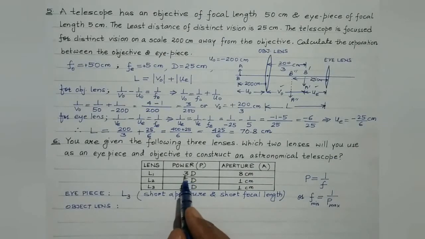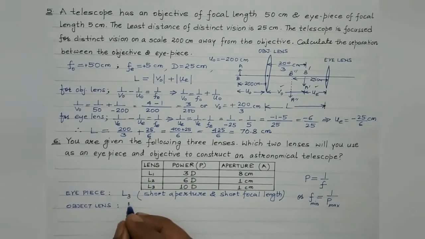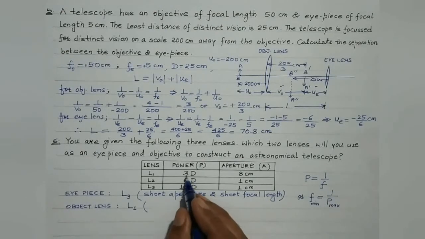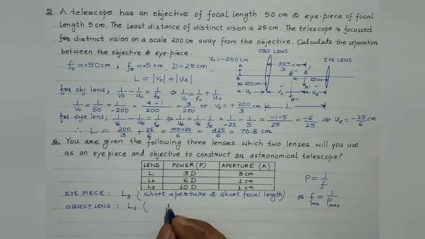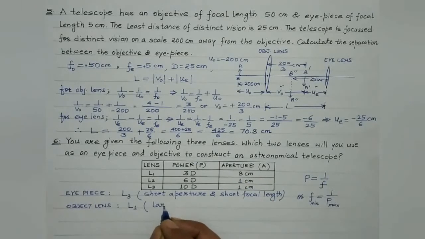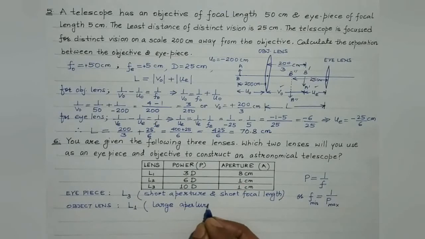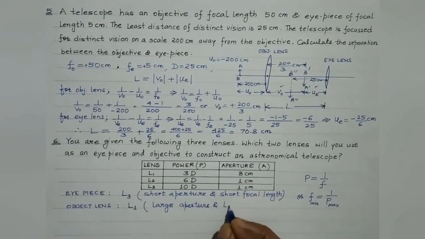Now here focal length is large when the power is minimum. So for lens L1 power is minimum, therefore focal length would be maximum. So we will prefer lens L1 because it will have minimum power, that is maximum focal length and maximum aperture. So the objective lens must have large aperture and large focal length.